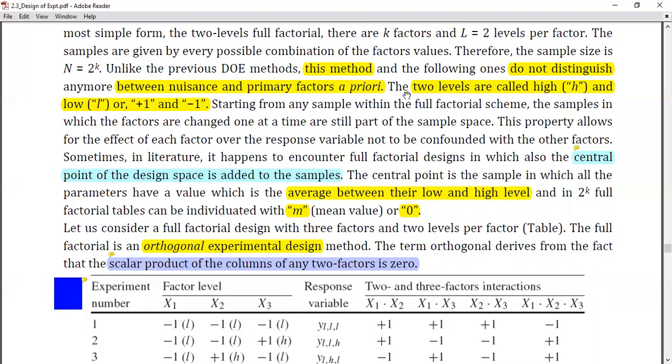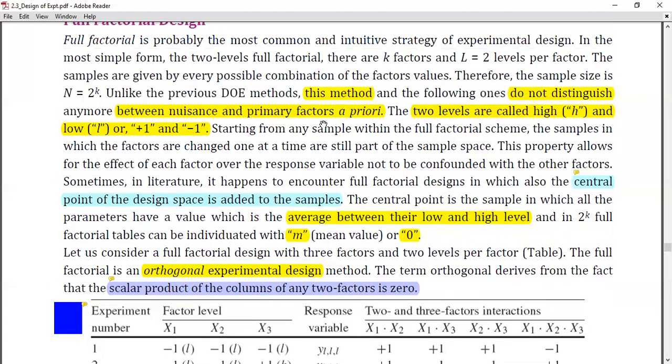The meaning of two level is, for example, you take temperature as the factor. The two levels are 40° and 20°. Of that, 40° is the higher level, so you can denote it as H or +1. 20° is the lower value, so you can represent it as L or -1. So the variation is from -1 to +1.